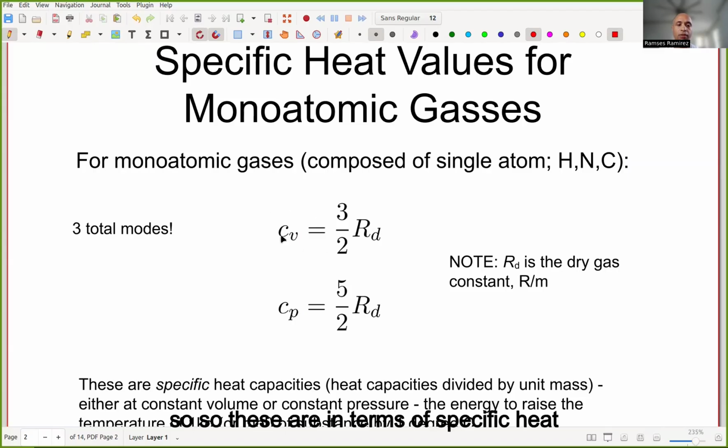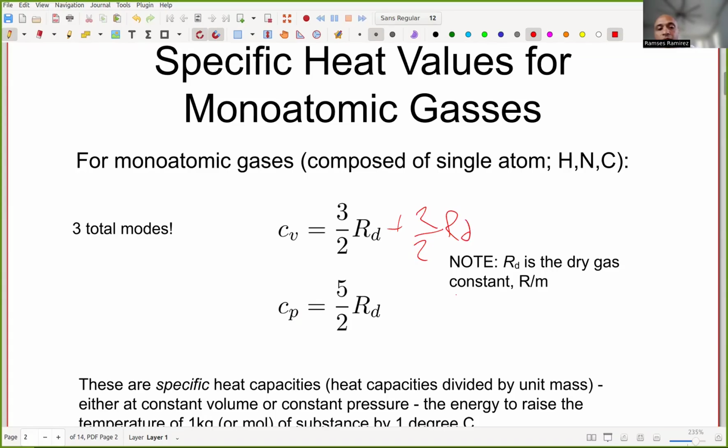But so these are in terms of specific heat capacities, right? Because you're dividing by mass. So that's why this is a little c. And the reason why you have a 3 here is because, again, for monatomic gases, there's only 3 translational modes, right? And then to get c sub P, or little c sub P, you add another R, as the book shows you, another R or R_D in this case. So plus 2 over 2, right? So if you take 3 halves plus 2 over 2 R_D, you get 5 halves R_D.